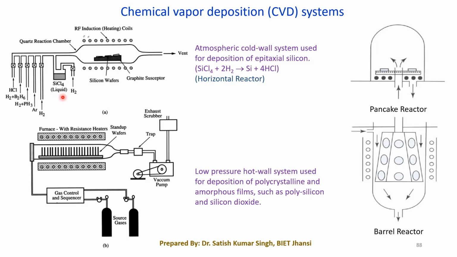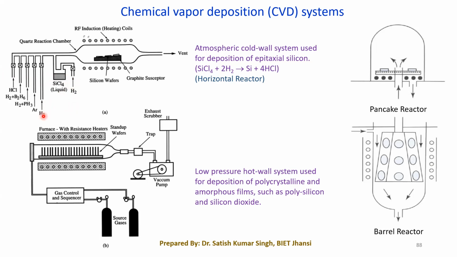This liquid cannot be sent to the reaction chamber directly, so we send hydrogen gas, which does the bubbling and carries the vapors of the silicon tetrachloride to the chamber. So hydrogen gas acts as a carrier. Similarly, hydrogen can be used for any other liquid sources, and we can also use nitrogen or argon for that purpose.